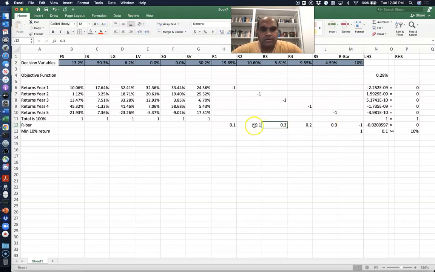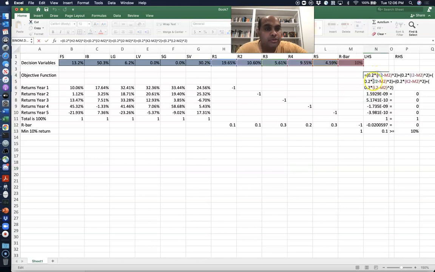Right? So let's say that's the case, now what? If the probabilities are different, the other thing to remember is that you have 10%, 10%, 30, 20, and 30. You have to make those changes in the objective also. So the objective also has the same probability values.